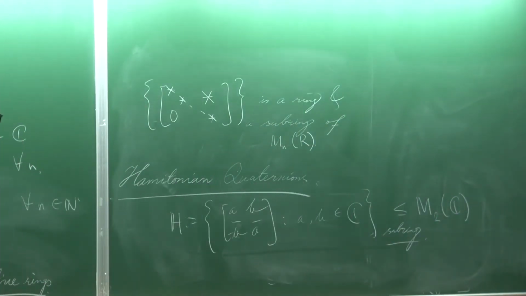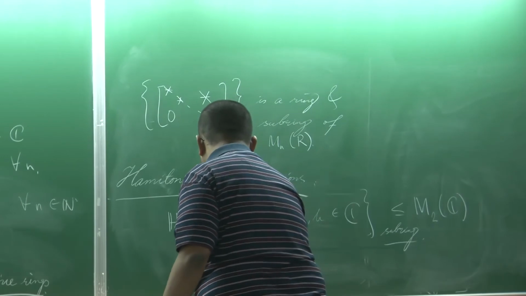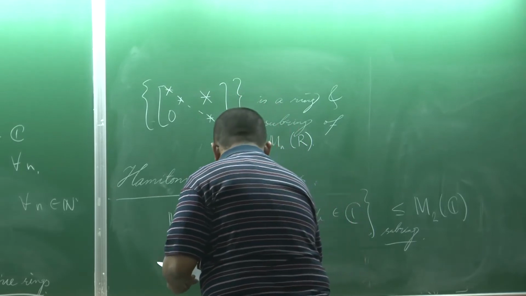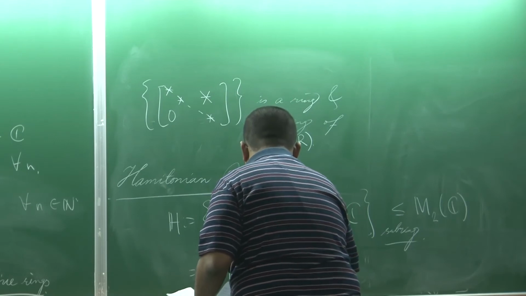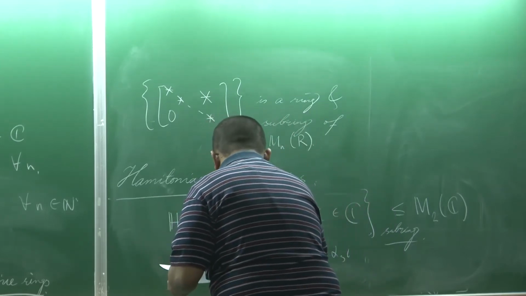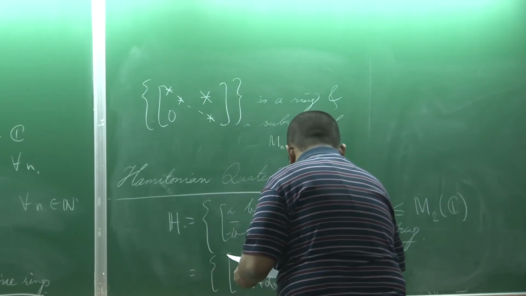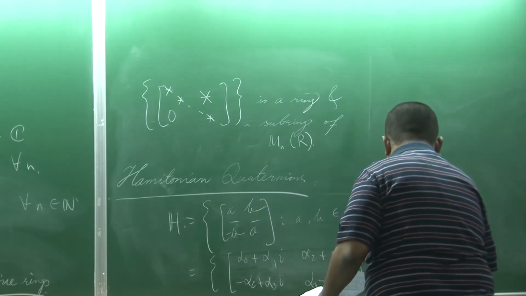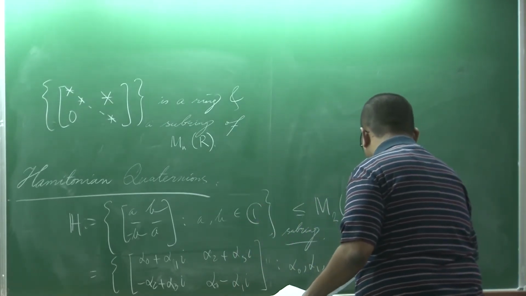Since the entries are like this, you can also write this ring as follows: let us say you write a as alpha_0 plus alpha_1 i, and b as alpha_2 plus alpha_3 i, so the matrices are (alpha_0 plus alpha_1 i, alpha_2 plus alpha_3 i; minus alpha_2 plus alpha_3 i, alpha_0 minus alpha_1 i), where alpha_0, alpha_1, alpha_2, alpha_3 all lie in R. Okay.